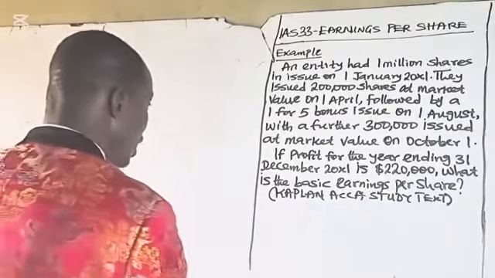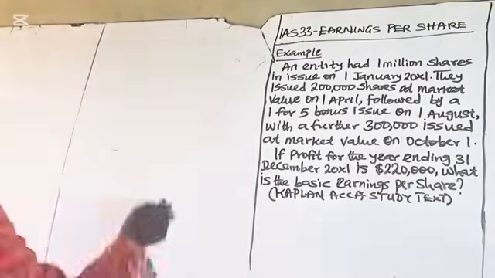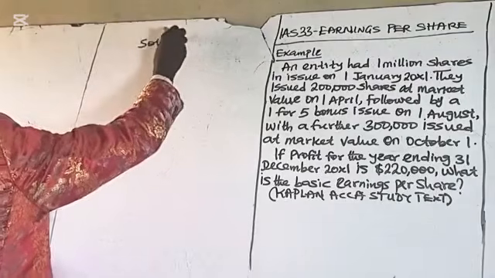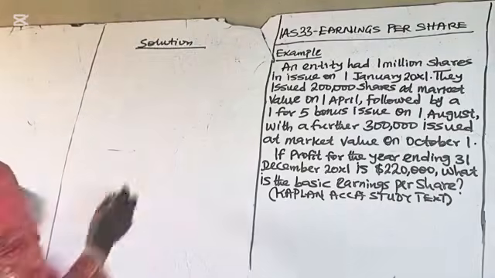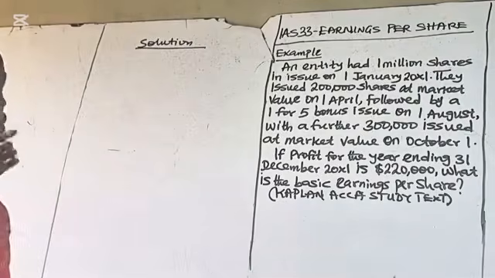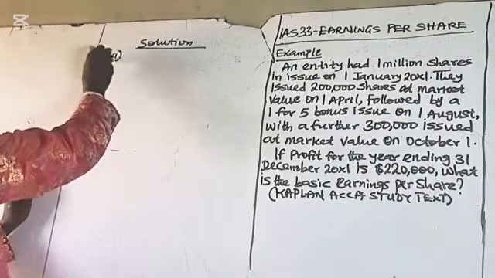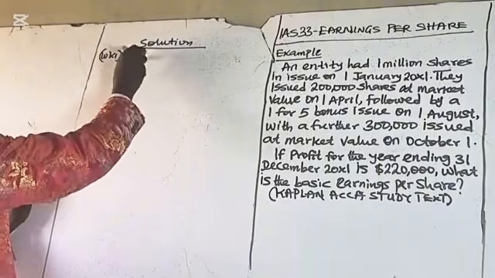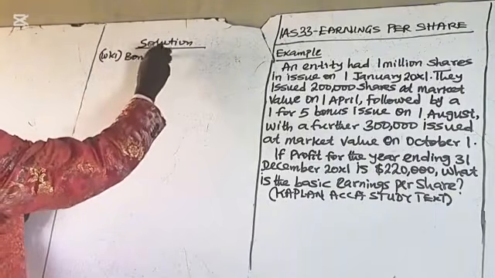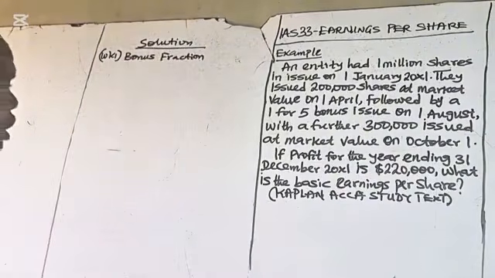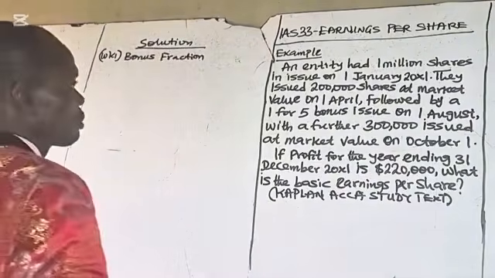Now, let's have the solution to the question. I've told you the starting point is to calculate the bonus fraction, working 1. What is the bonus issue given?